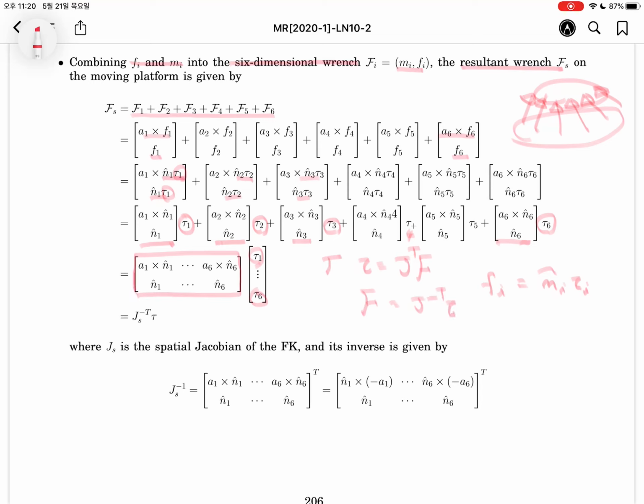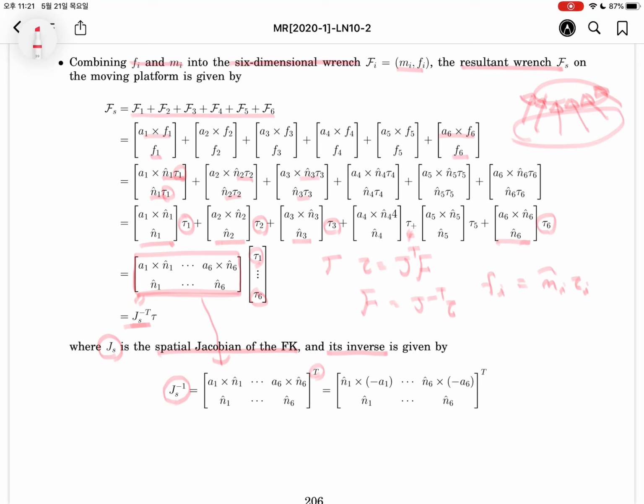So this 6 by 6 matrix is equal to J's inverse transpose tau. So the pole Jacobian, the space Jacobian of the pole kinematics, and its inverse can be obtained using this definition. So J's inverse will be the given matrix transpose.